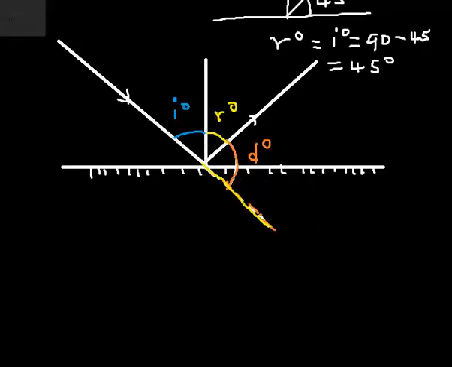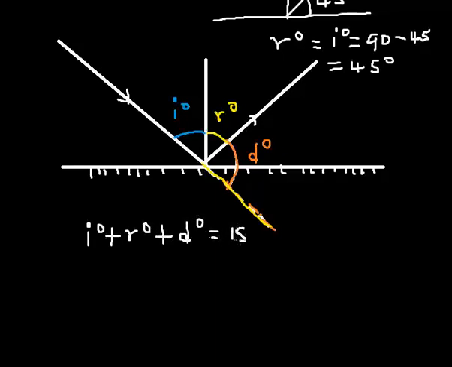So you know very well that the sum of the angles in a straight line is equal to 180 degrees. That's I plus R plus D, equal to 180. So that way you can get any particular parameter you're looking for.